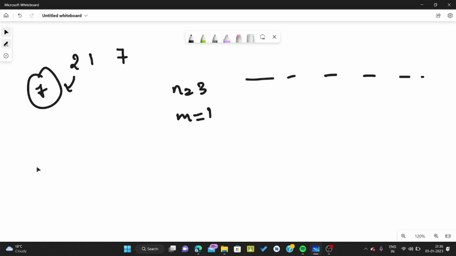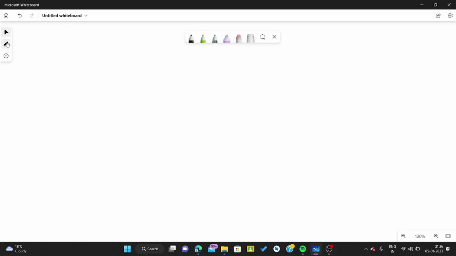So let's clear our whiteboard. We are given an integer n.